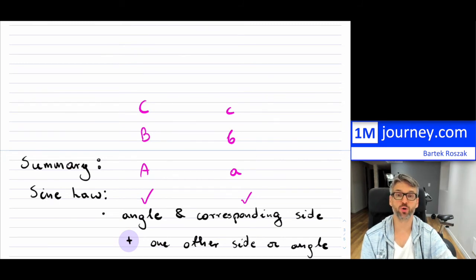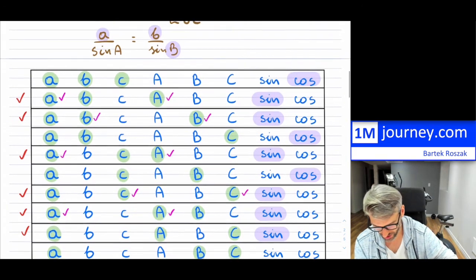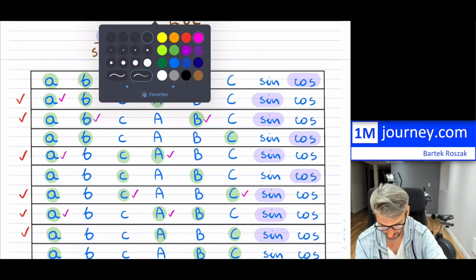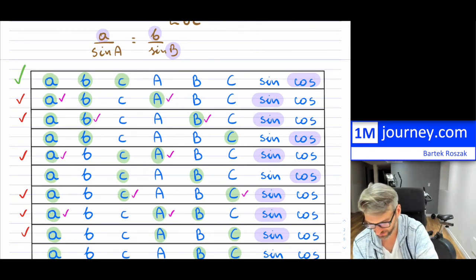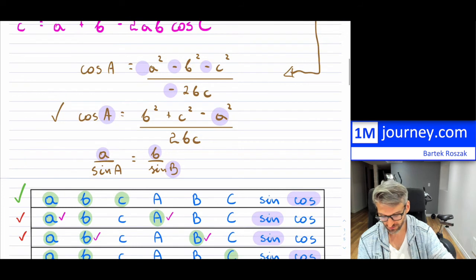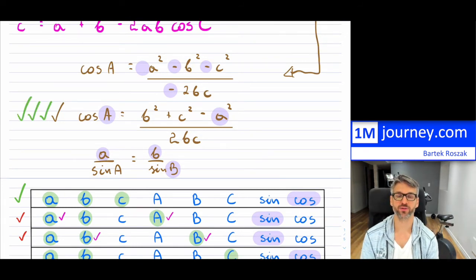Now, what about the cosine law? Can we find a pattern there? For the cosine law, I'm going to switch to, let's say, green. First I noticed that if all the sides are given, it's the best situation, because then I can use this right here to always find any angle that I like. And you can label the angles and sides as you wish. So that is number one.